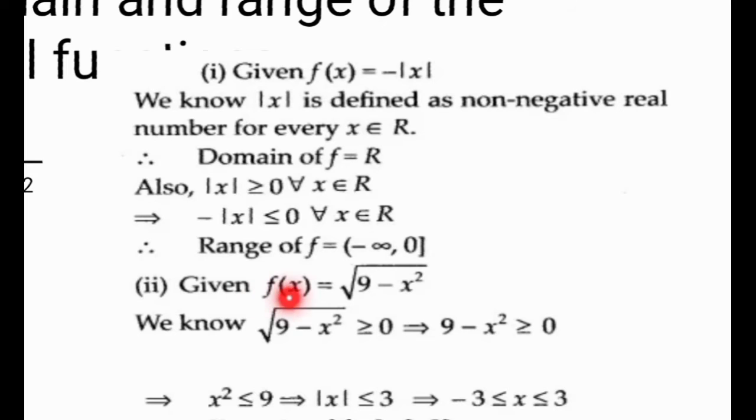Next, given f(x) = square root of (9 - x²). We know that the square root of (9 - x²) is greater than or equal to 0, that is, squaring on both sides, 9 - x² is greater than or equal to 0. So find the value of x: x² is less than or equal to 9.